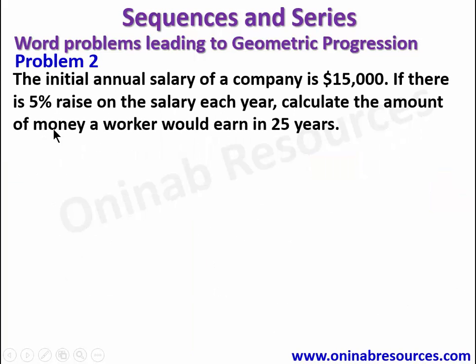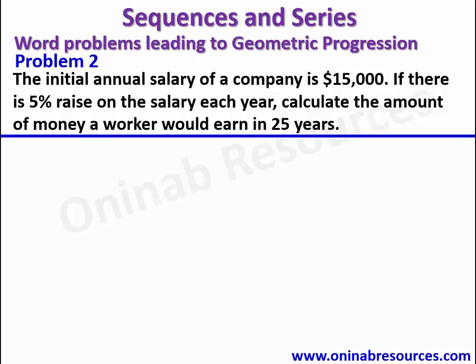Problem 2. The initial annual salary of a company is $15,000. If there is 5% rise on the salary each year, calculate the amount of money a worker would earn in 25 years. So in this problem, we can form a geometric progression from here.